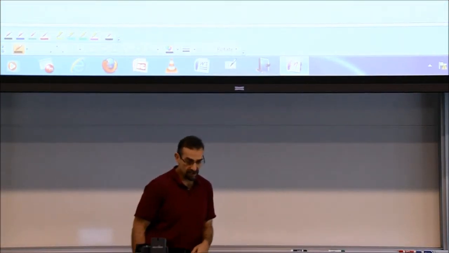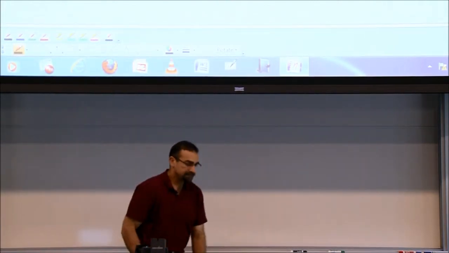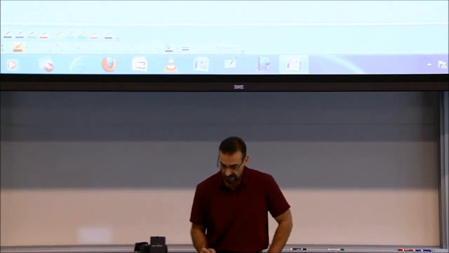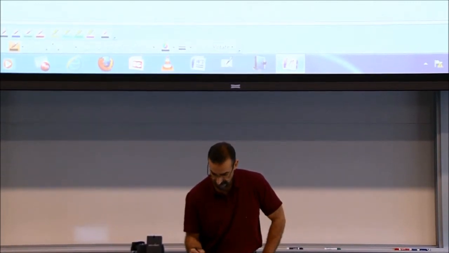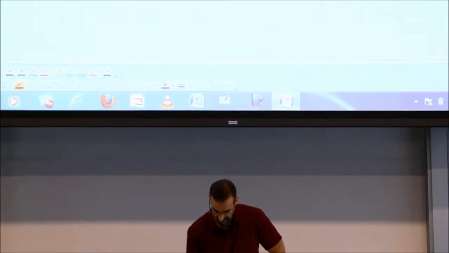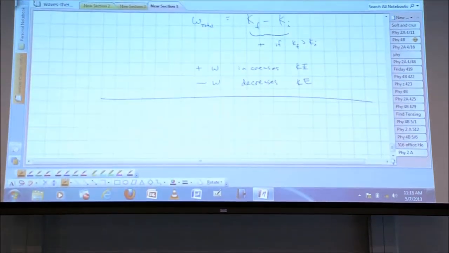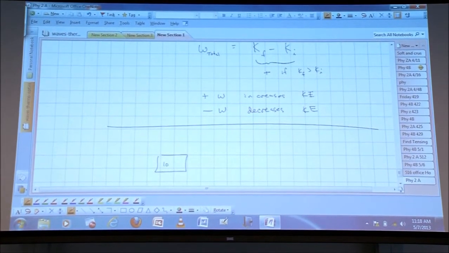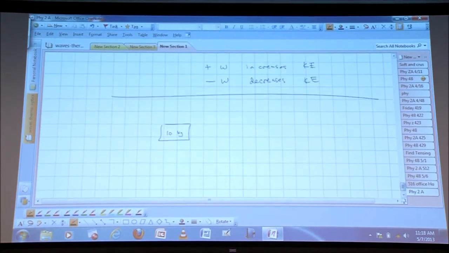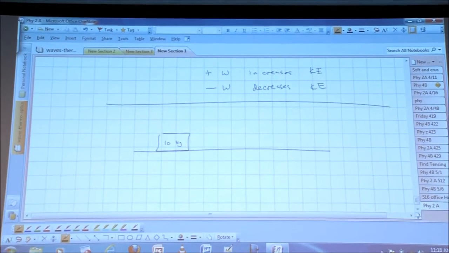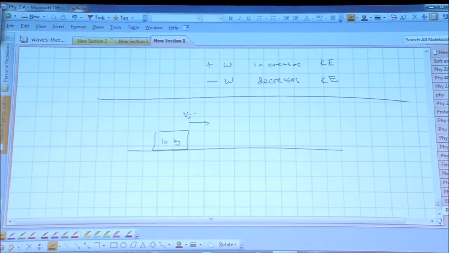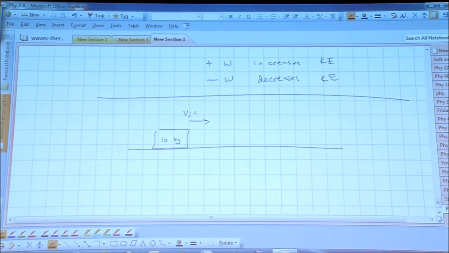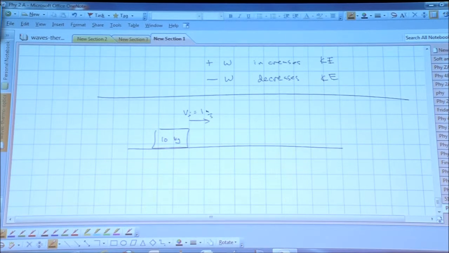Okay, so let's look at a quick example. Let's do the cases we had earlier. We had a 10 kilogram block, and it had some initial, what do you want it to be? 1 meter per second.